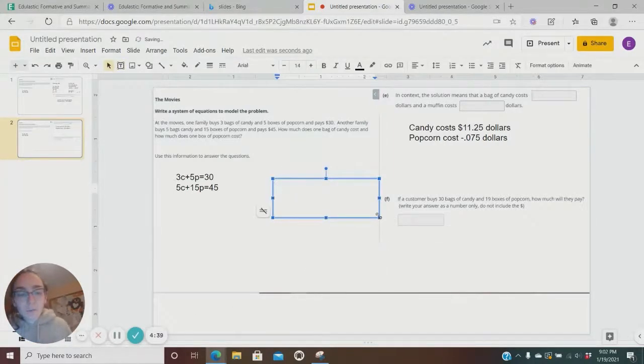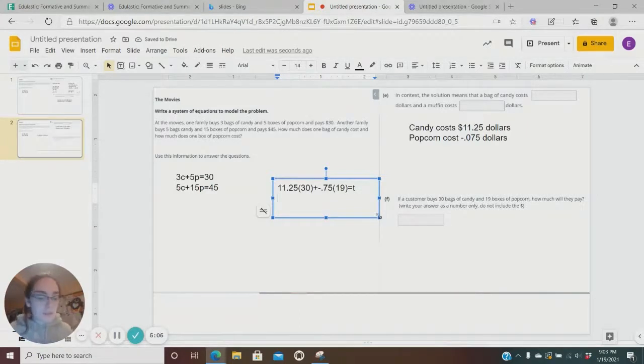It would look like 11.25 times 30 bags of candy, plus the negative 0.75 times the 19 boxes of popcorn is going to equal some total amount of money, T. And I can do both of those multiplications.